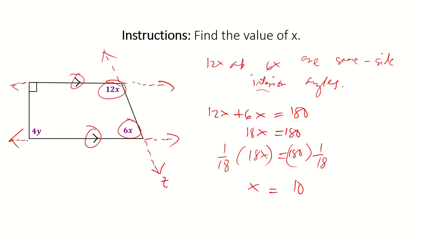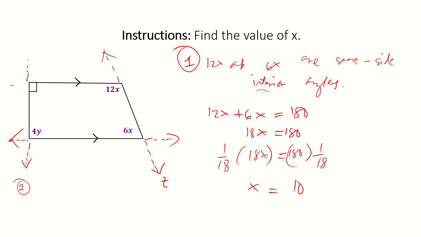So we're not yet done because we still don't know what is y. So in terms of y, because this is our initial step, second step is we simply consider these two lines. Then this would be our transversal.